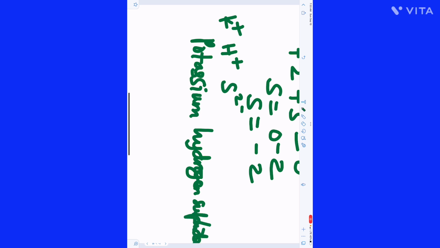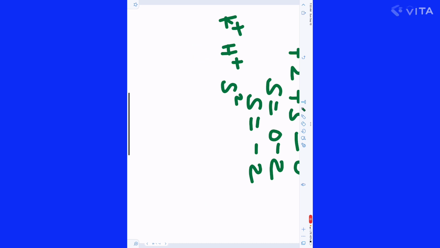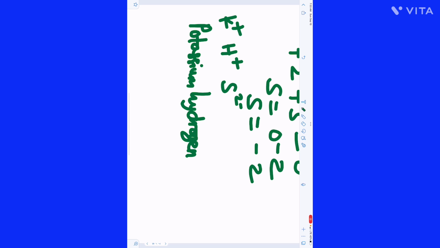Let me rewrite so that you can see it well. We call the compound potassium hydrogen sulfide. That's the name of the compound.